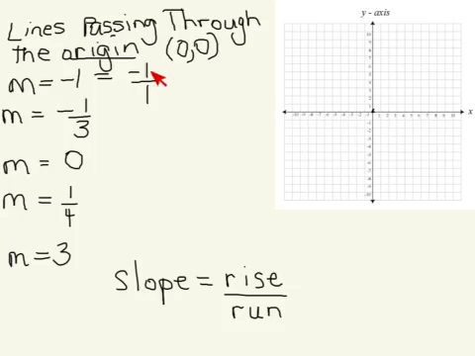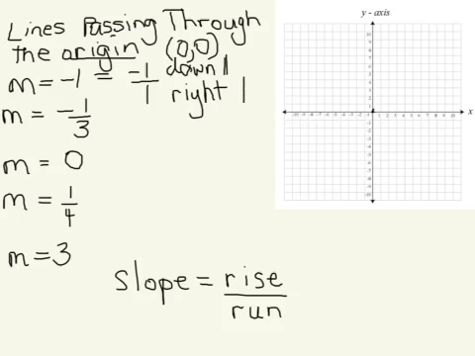Well, -1 would mean instead of going up 1, we'll go down 1. And then we're going to go right 1 unit as well, because it's a positive number on the bottom, that would mean you're moving to the right in the x direction. Okay, so just to make sure, we're going to write that down: this is down 1, and this is right 1.